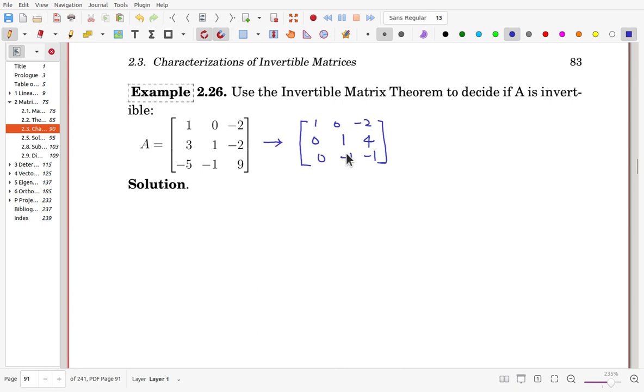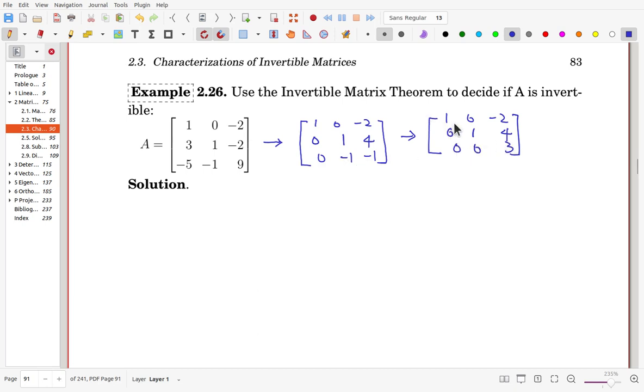Now from this, first row 1, 0, minus 2, and second row 0, 1, 4. By adding the second row to the last row, we see that there is a 0 and a 3.